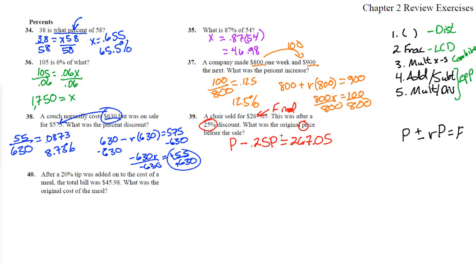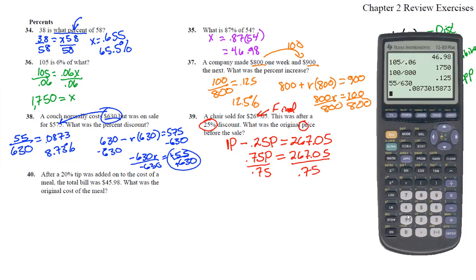You now have an equation. Are there multiple p's? Yes, combine them. This is a 1. 1p minus 0.25p is 0.75p. And some of you will be able to do that in your head as a shortcut. You're like, oh, if we save 25%, then our result must be 75% of where we were. 267.05. And can we solve this? Yep, divide by 0.75, divide by 0.75.